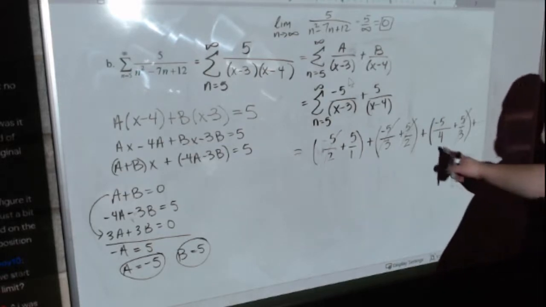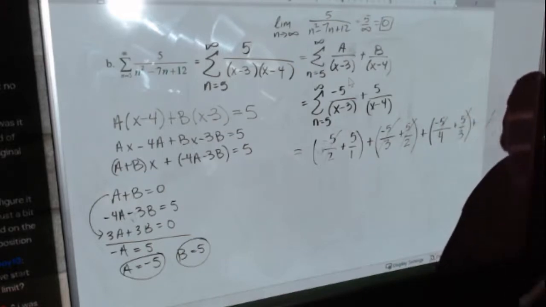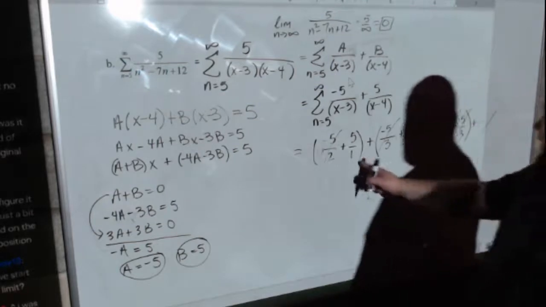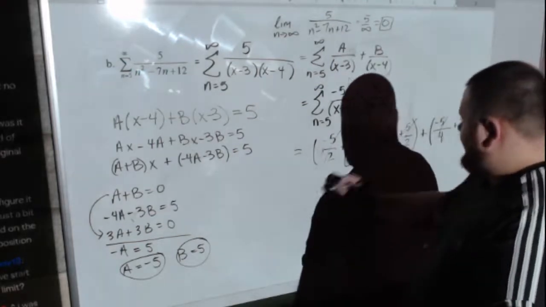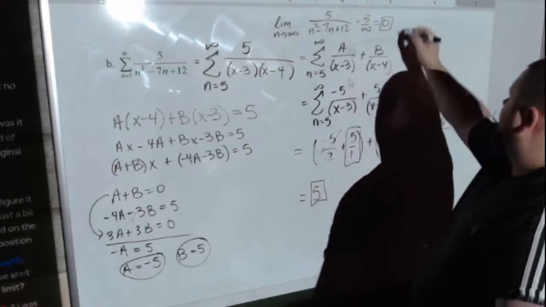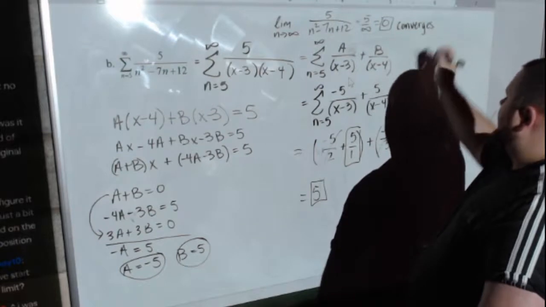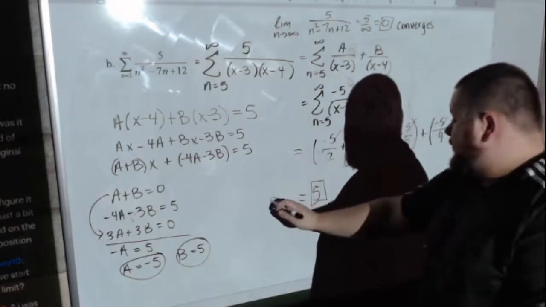And again, you can anticipate that this is going to cancel with the next term. All left behind is 5. So again, this tells us it's convergent or converges, and this is our sum.